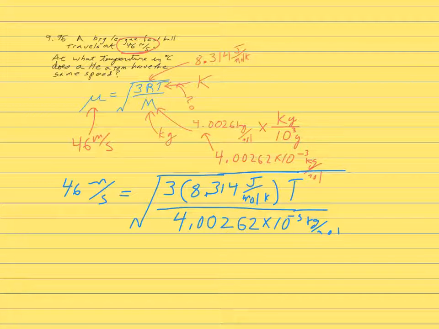You square both sides, right? So I'm going to square both sides to get rid of the square root symbol so I can get to that T variable.